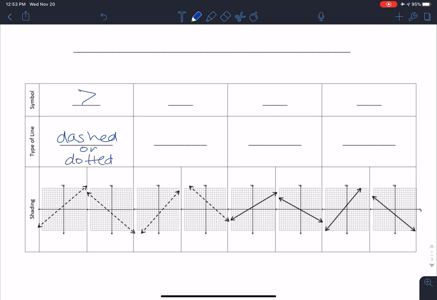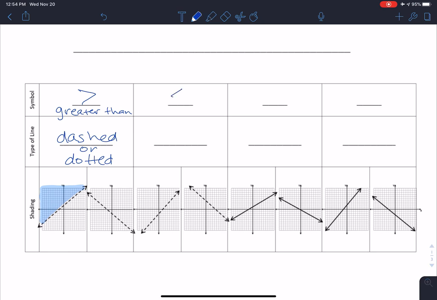Okay, so because I do not have the equal to under the line, my line is dashed or dotted. So this is called greater than. And because it's greater, I'm going to highlight all the area that's above the line. So if my line's right here, the area above it is right here. So all my possible solutions lie above the line.